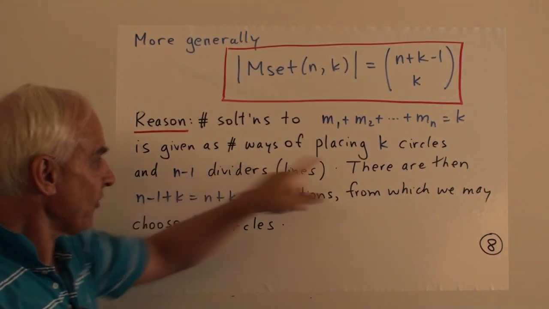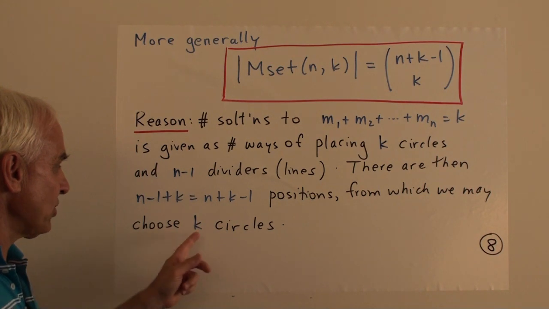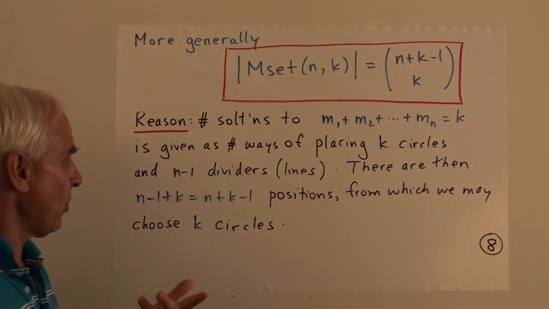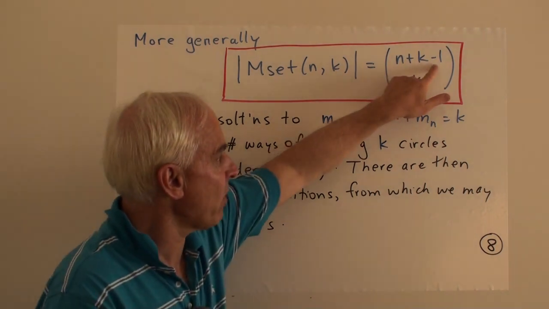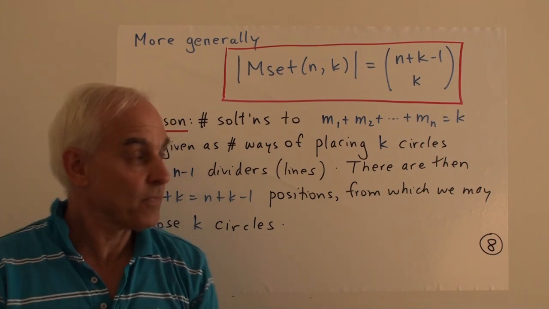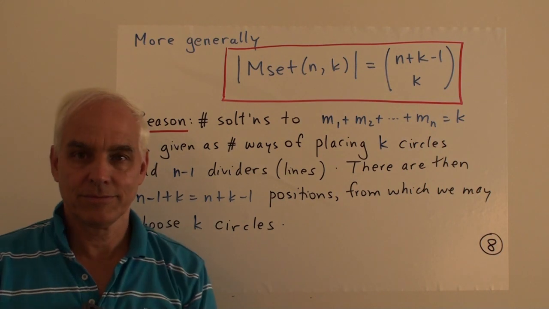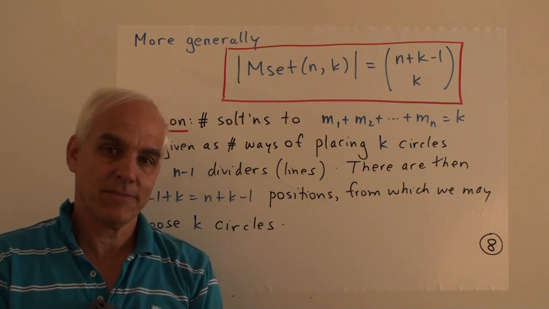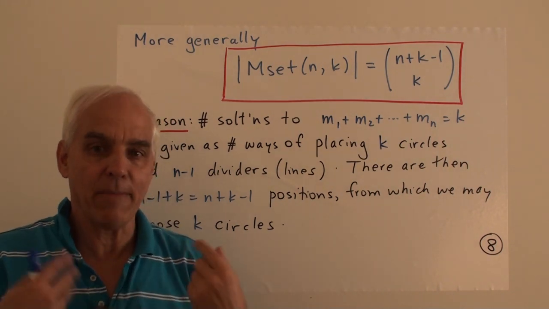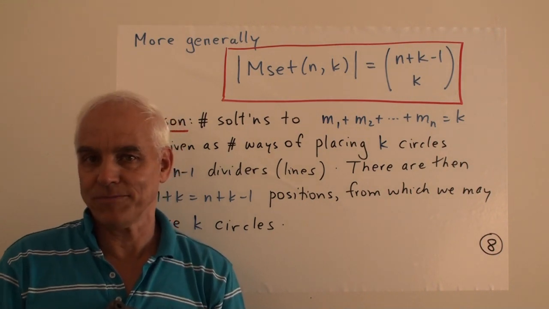There are n minus 1 dividers and k circles. And from those we have to choose k circles. So altogether we have n plus k minus 1, choose k. That's the number of multisets from n of size k. That's a very important counting problem, and it sort of closes the circle on these elementary data structures and counting how many objects there are in each one of them.